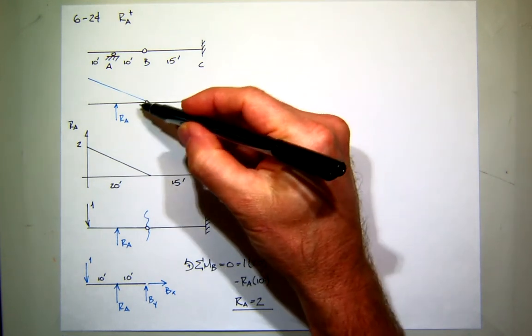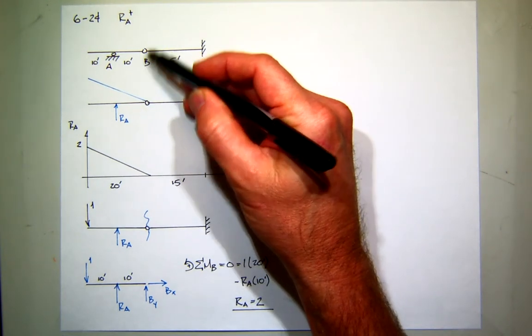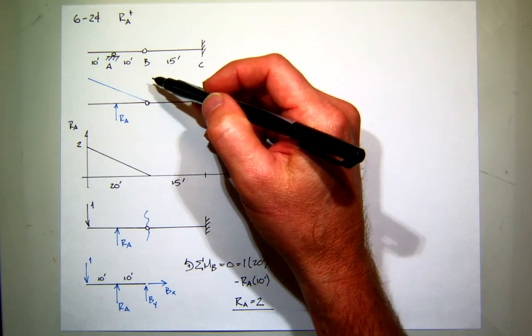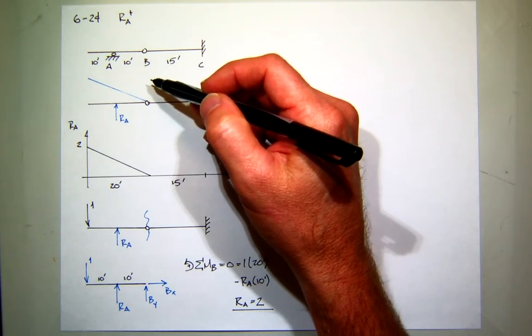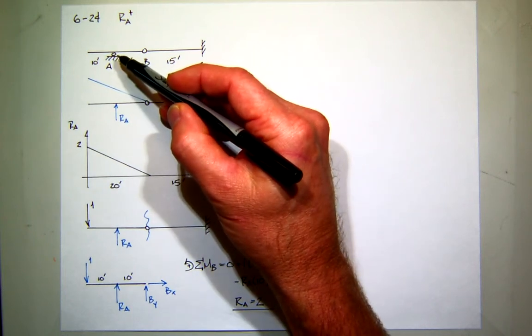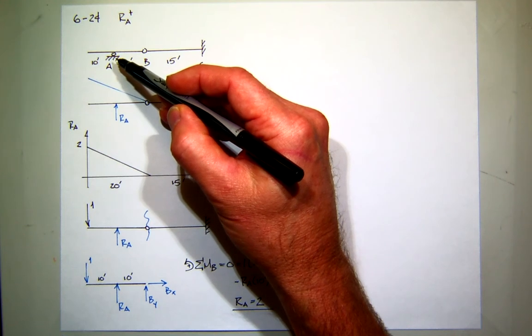If it's internal like this, it's not a supported area. This point B can move up and down, but it can rotate, so that's why I call it a hinge. You can call it any way you like.